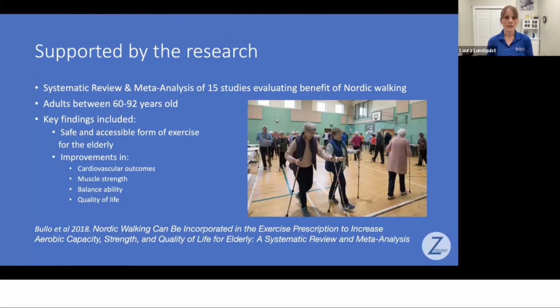And their key findings were that Nordic walking is a safe and accessible form of exercise for the elderly, and it shows improvements in cardiovascular outcomes, so heart and lung health, in muscle strength, in balance ability, and in quality of life. Now, this wasn't specific to the Activator technique. This was for Nordic walking in general, but there's good reason to believe that that would cross over to include both types of walking.